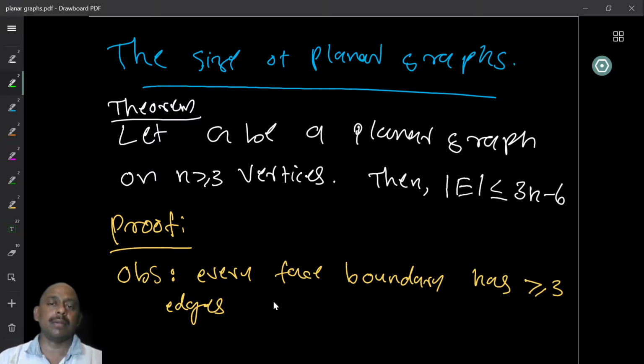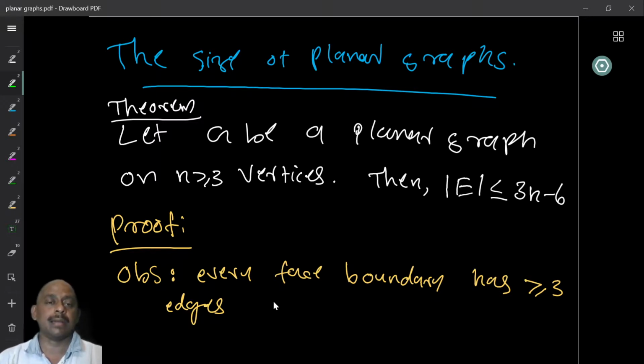So if you recall graphs, an arbitrary graph, for example, if you take the complete graph on n vertices, you can have n choose 2 edges, n into n minus 1 by 2. It's like close to n square by 2. So you have many edges possible in a graph.